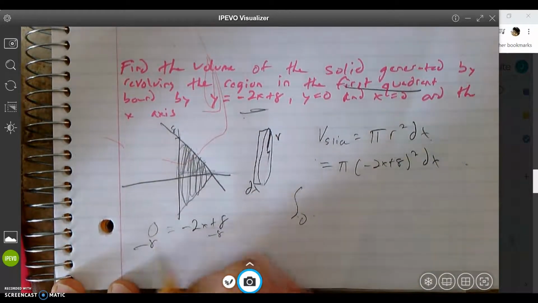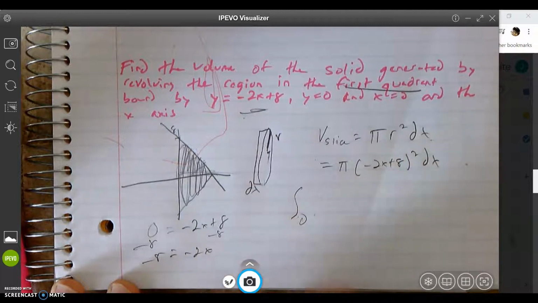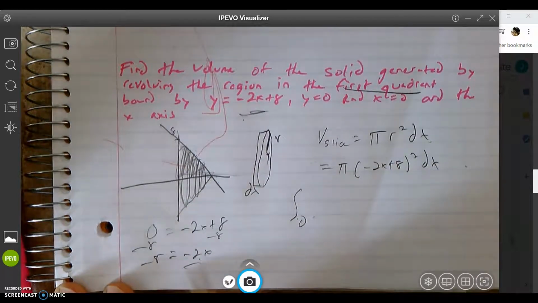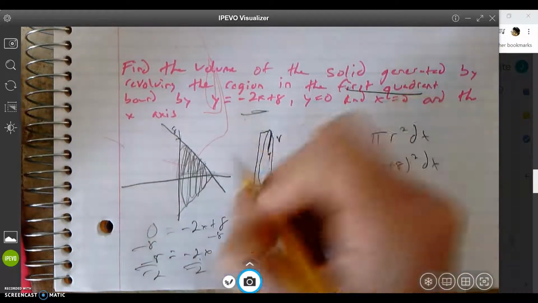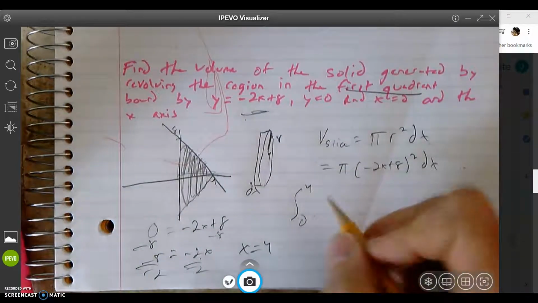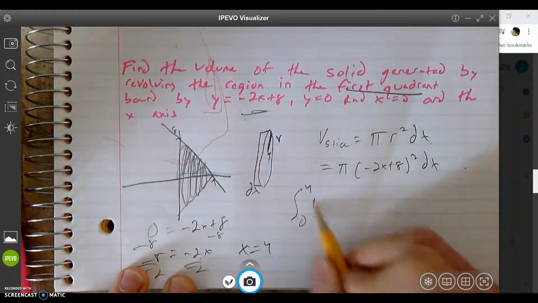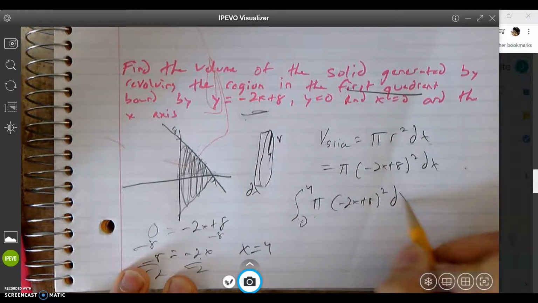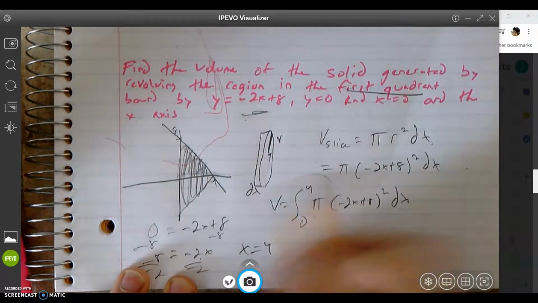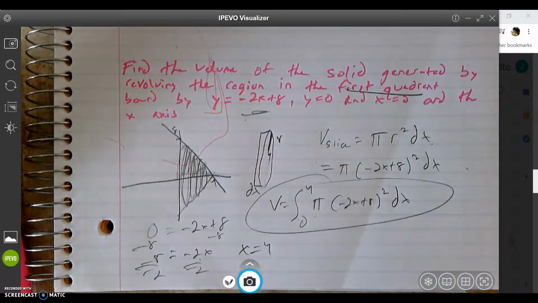Subtract 8 from both sides, divide by negative 2, and x equals 4. So the integral between 0 and 4 of pi times (negative 2x plus 8) squared dx. That is my volume. Hopefully you got that.